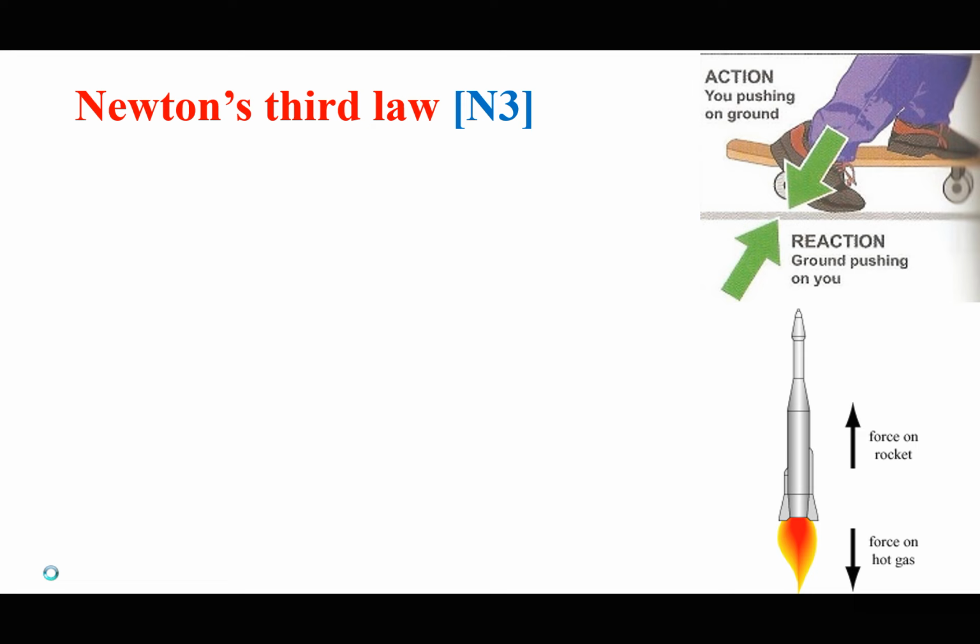Newton understood that the body on which the force is exerted applies another force back on the body which is applying the force. So when we have two bodies, let's say A and B, when body A applies a force on body B, body B must apply an equal and opposite force on body A. And this is exactly what we call Newton's third law of motion.